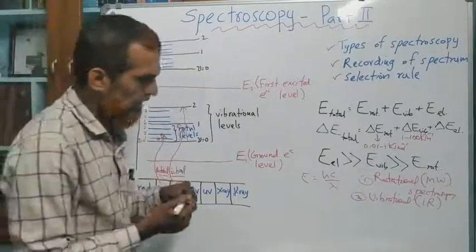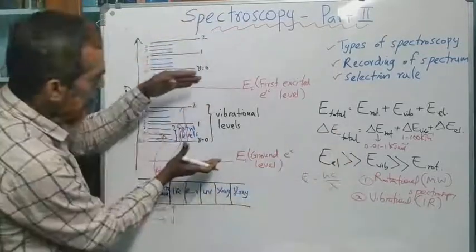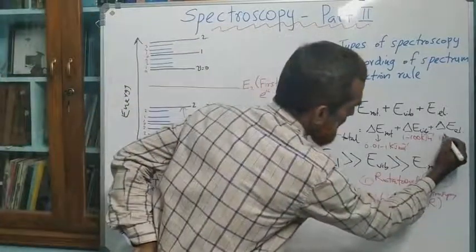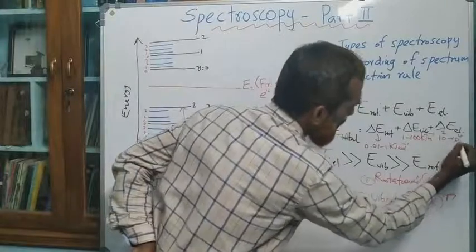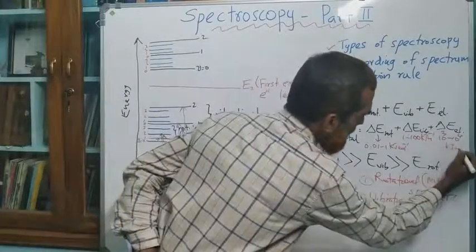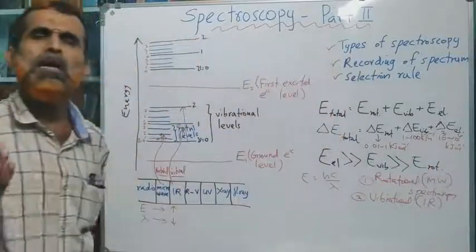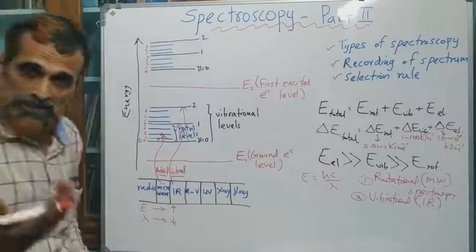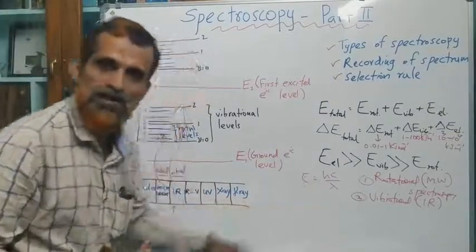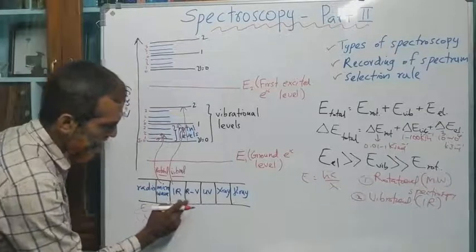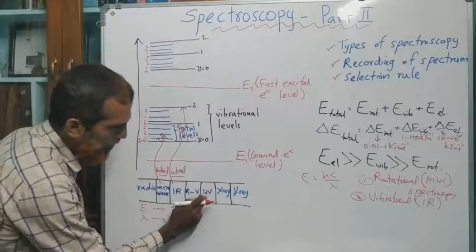Now finally, coming to the next one, the electronic energy gap is the maximum, ranging from 10 raised to 2 to 10 raised to 4, or 10 raised to 3 to 10 raised to 4 kilojoules per mole, like some 1000 or even 100 to 10,000 kilojoules per mole. Very large energy gap, which requires still smaller wavelength. Smaller the wavelength, greater the energy. We go to the next region, that is visible and UV.